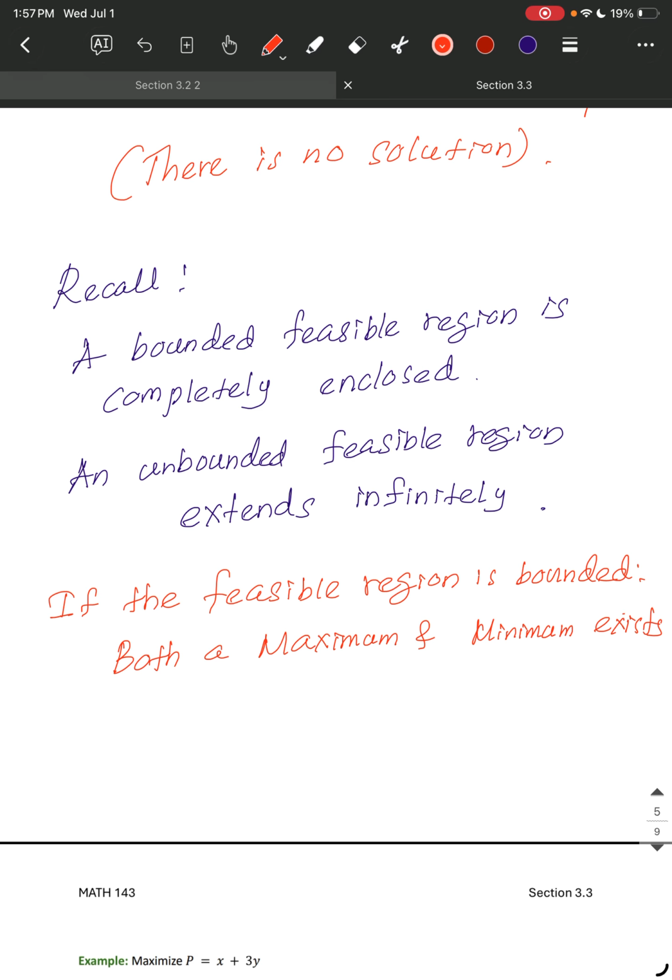If the feasible region is unbounded, an optimal solution may or may not exist depending on the objective function.